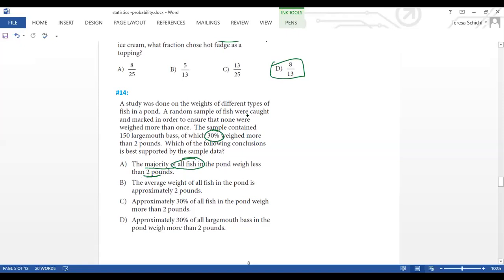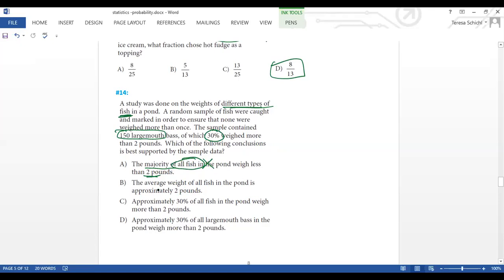We did study different types of fish, and then after the study I take a sample. This sample is the largemouth bass. So even though 30% of the largemouth bass weigh more than 2 pounds, you cannot say what happened to the other fish. So the first one is not right because it says all fish.